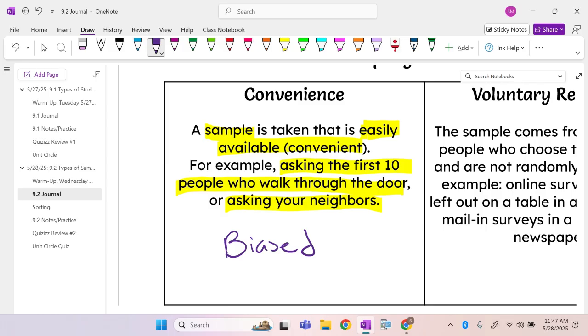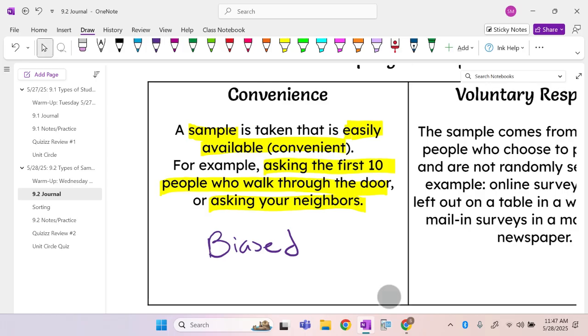Basically, it's response bias, meaning that who responded skews your results. For example, if I went and asked the math teachers which grade level they like to teach, it'll probably be whatever classes they see the most of, which for a lot of math teachers is typically sophomores and juniors. Yes, there are freshmen too, but more mixed. So it would definitely be biased as opposed to other teachers who see all the grade levels.